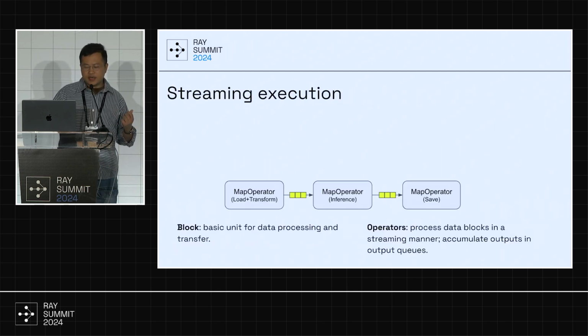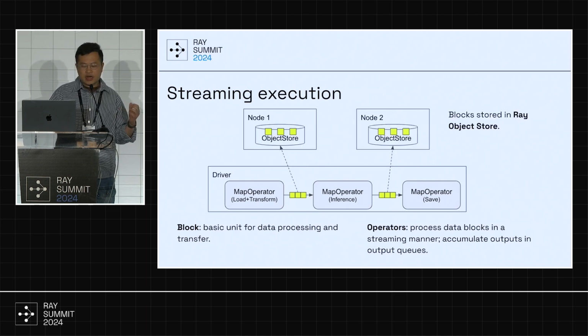In Ray Data, the basic unit for data processing and data transfer is called a data block. For each operator, they process input data blocks and generate output data blocks in a streaming manner. And each operator is also associated with an output queue to buffer the output data.